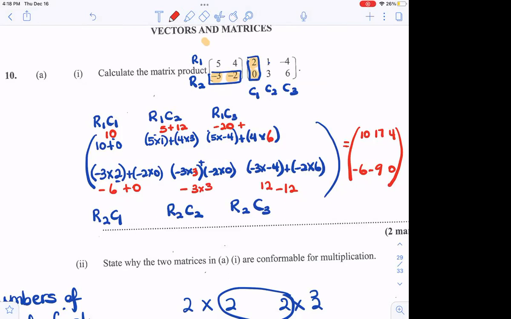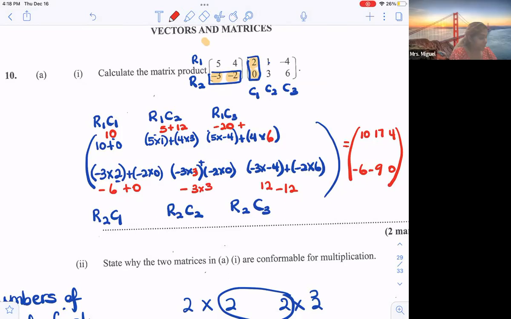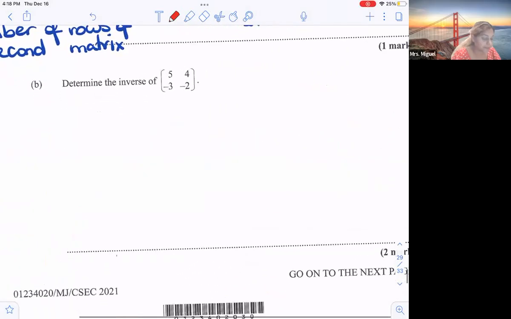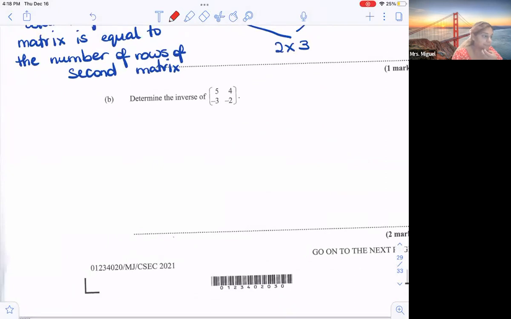Finish, Miss. All right, you finished? Bridget, you still writing? No, miss, I finished. Okay, let's go. Find the inverse. So to find the inverse, we need to find the determinant.